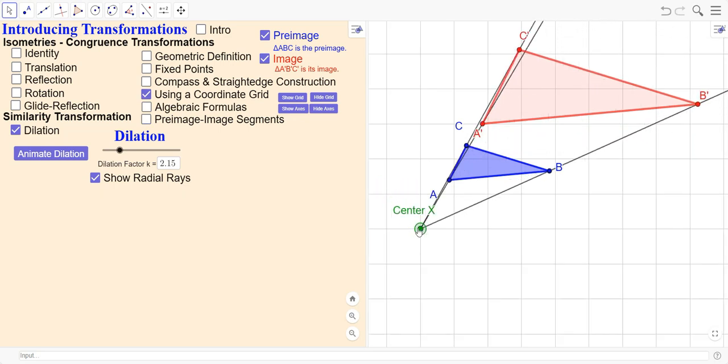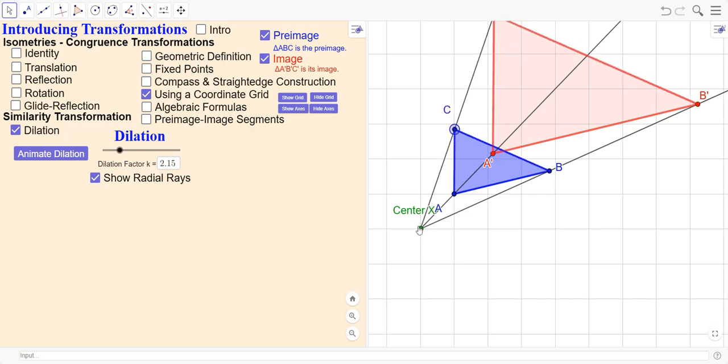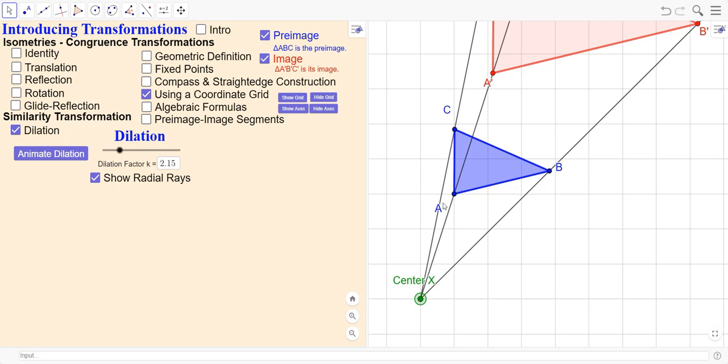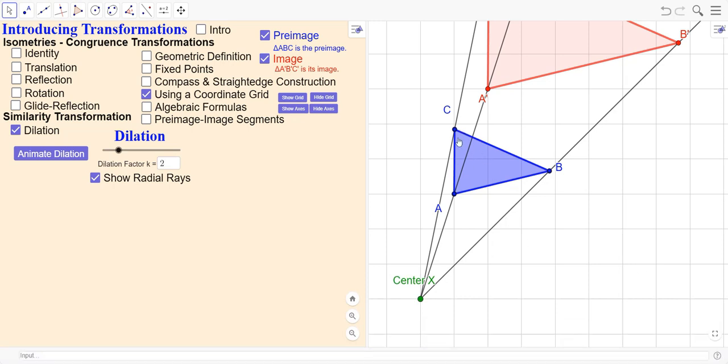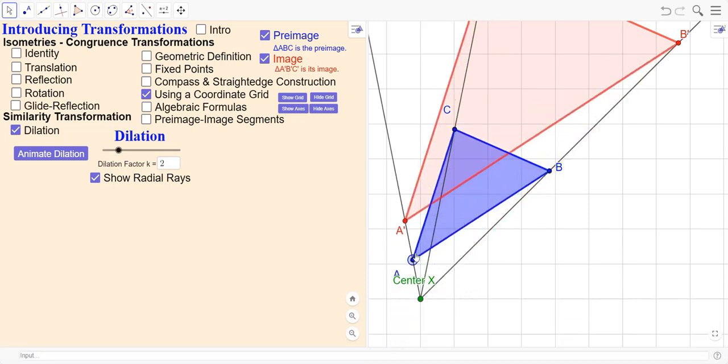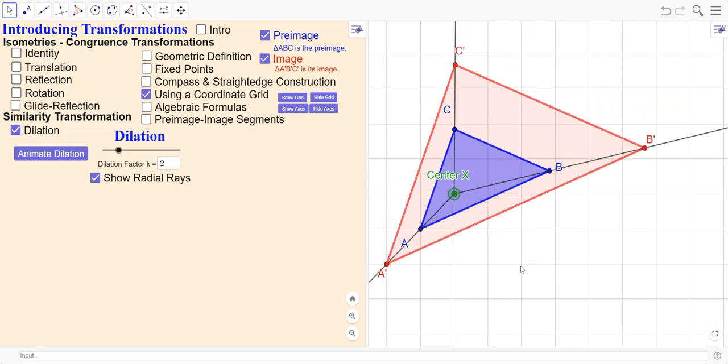Sometimes using a grid can be helpful. Once again, you want to just connect up preimage and image points here. Let me give an example like this.